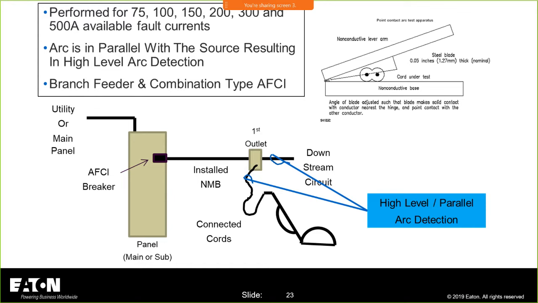Okay, so the point contact test. I call this little thing up here the guillotine. If you recall back in the day, when I first went into residential products, I was a product manager for the AFCIs and the GFCIs, and I was going across the country. I called it cut and wire, and I would sit there with a guillotine.